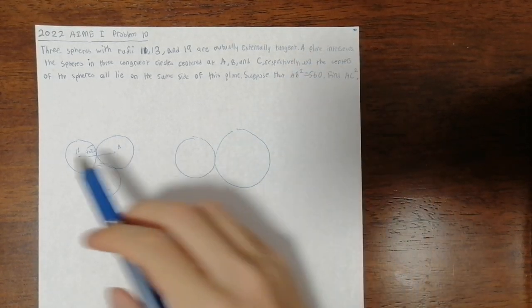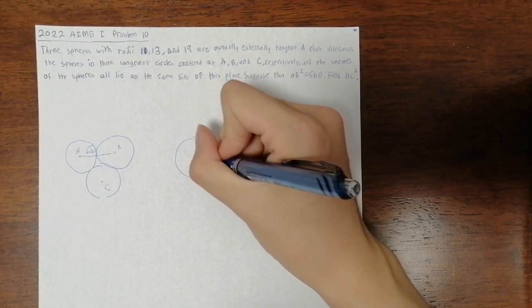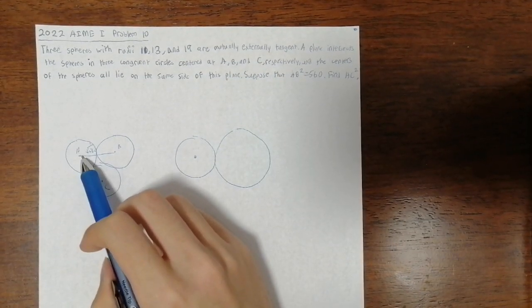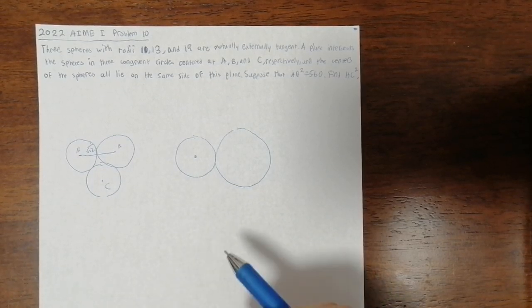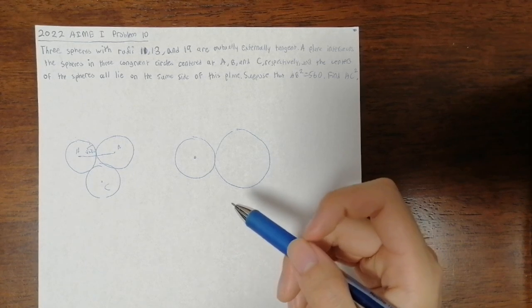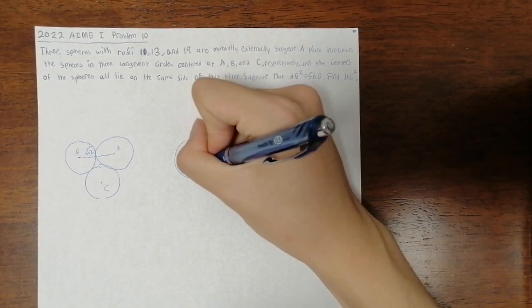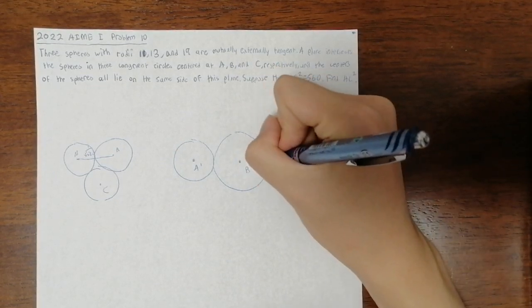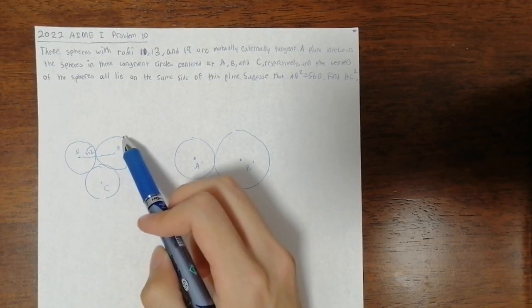Since A is the center of the circle formed by the intersection of the plane and the sphere, let's call the center of the sphere itself A prime, and this would be B prime. So we're basically looking at these two spheres right now.